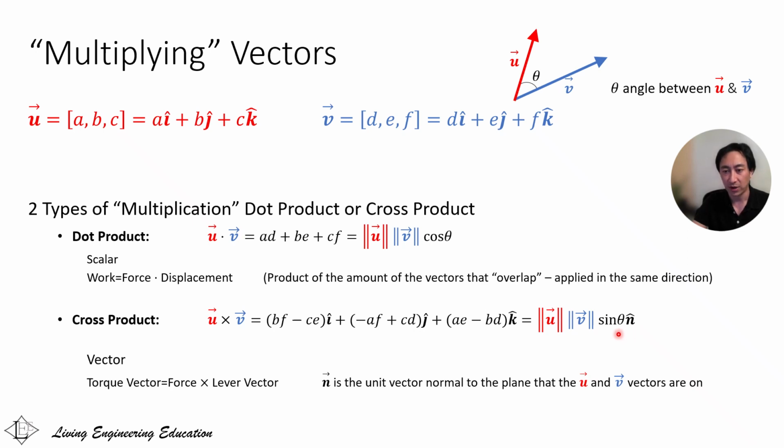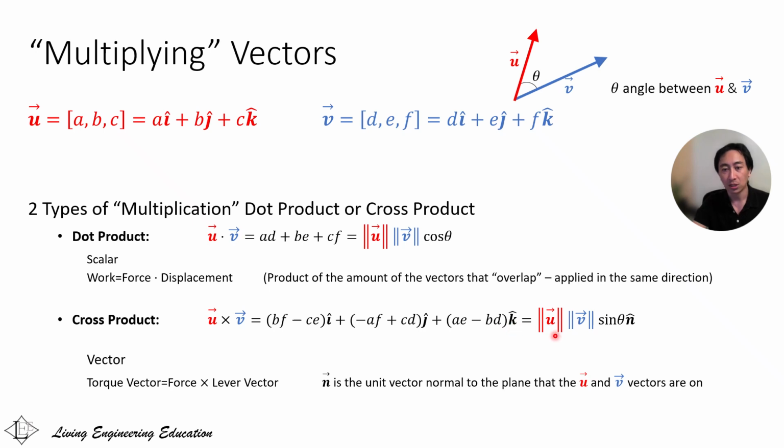So this simplifies things. It's saying the magnitude of u times the magnitude of v times sine theta, the same theta that we defined earlier for the dot product, is the magnitude in the n vector direction. The n hat direction could be in the i hat or x direction, the y or j hat direction, or the z or k hat direction.